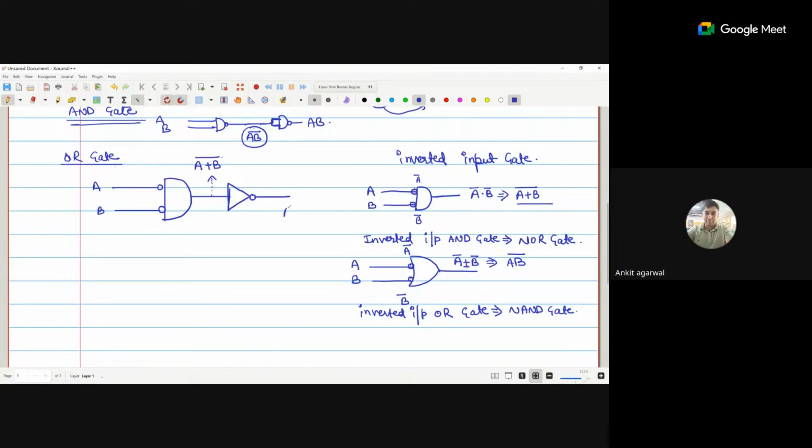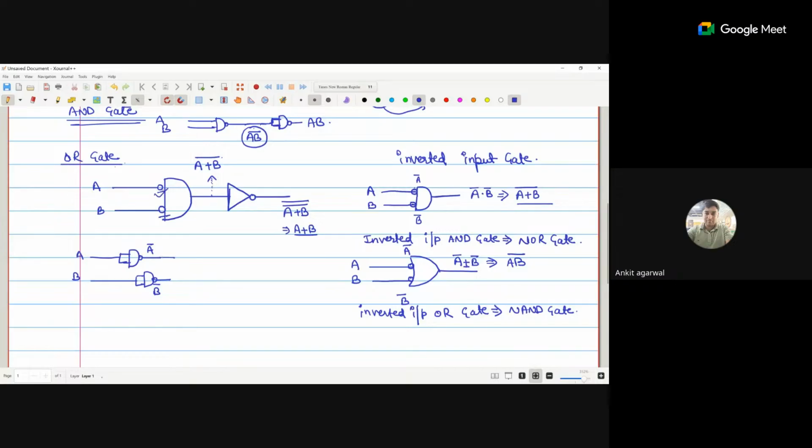After passing through this, it is A plus B double bar, which equals A plus B. Now we have to implement this using NAND gates, so we require complements: this is A bar and this is B bar.